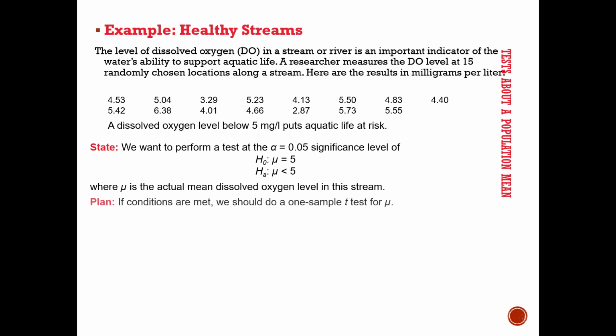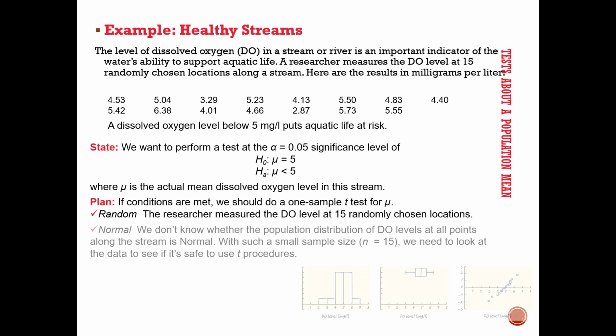For the plan step, we need to check our conditions. So if conditions are met, we're going to do a one sample t-test for mu. Notice, we only have one sample here. It is 15 measurements, but that's one sample. It is random. We got the DO level at 15 randomly chosen locations. If we looked at the data, we can see that it's normal.